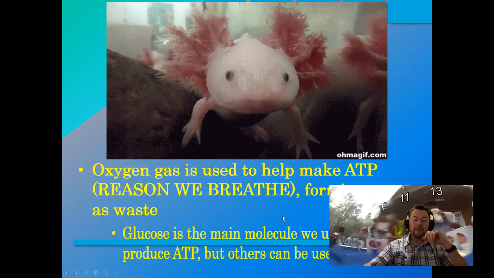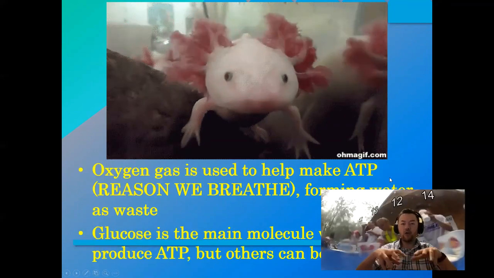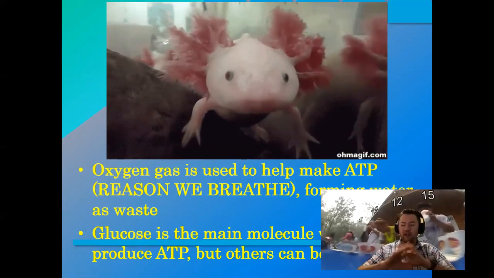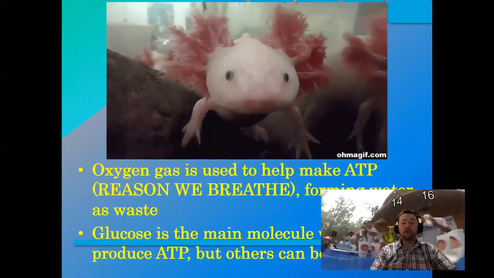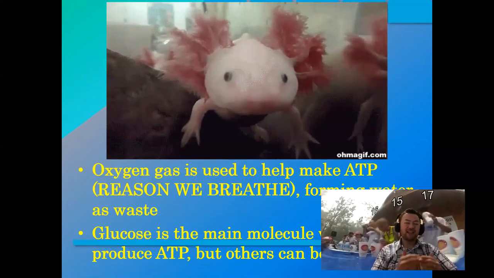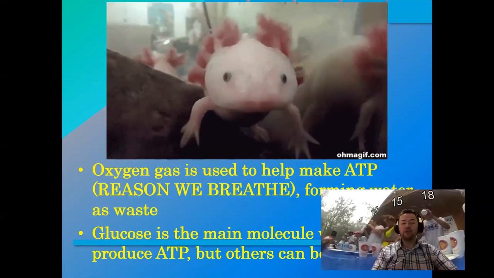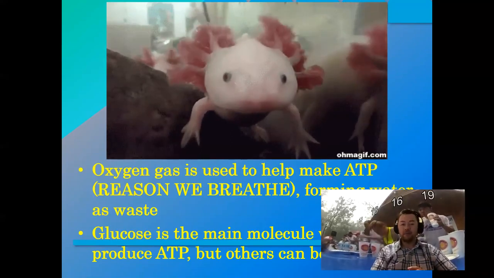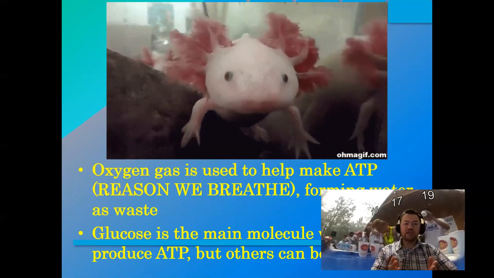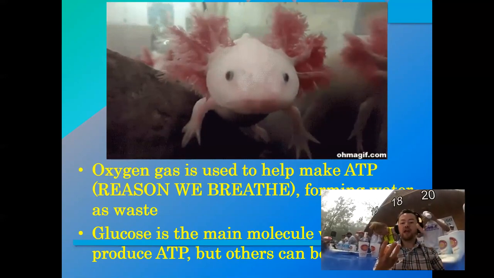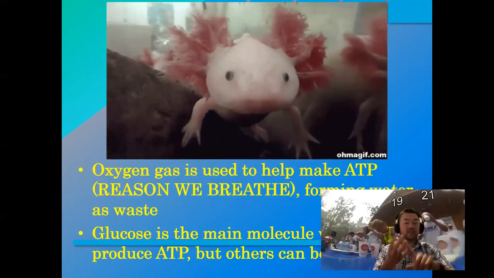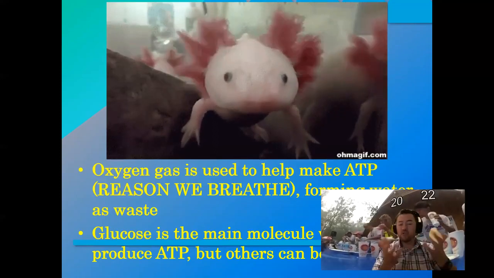Now, the great thing about how life has evolved this strategy to access energy from glucose and make ATP is that glucose is not the only molecule we use to make ATP. There's all kinds of sugars out there. Glucose is one, but you have maltose, galactose, lactose, fructose, sucrose.